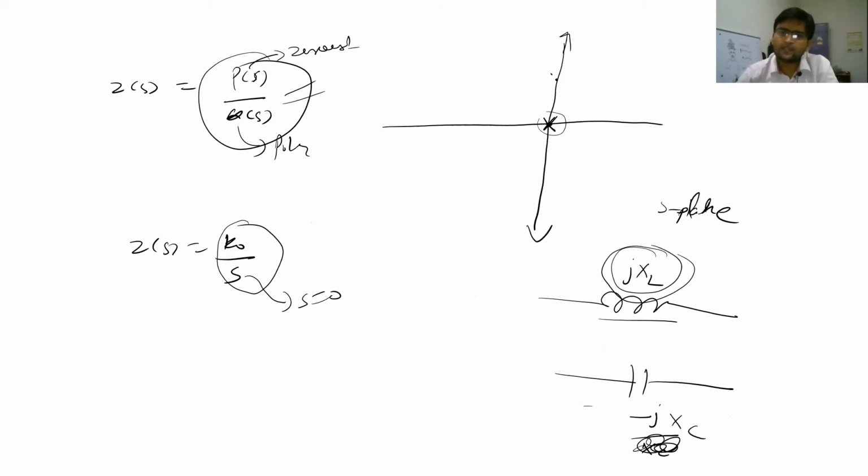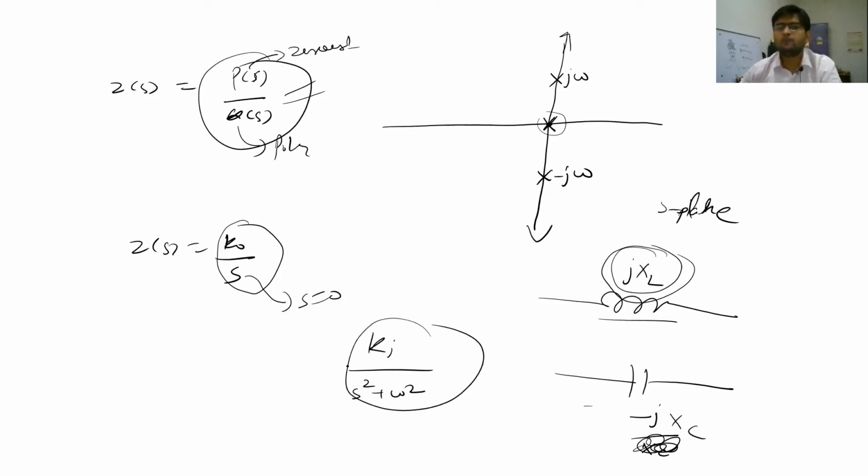But suppose there is a pole or zero at other places on the j omega axis, like at j omega and minus j omega. How will you represent this? I've already told you that if there is a constant kj upon s square plus omega square, what will be the root of this function? The roots of the denominator, or the poles of this function, will be s equal to plus or minus j omega.